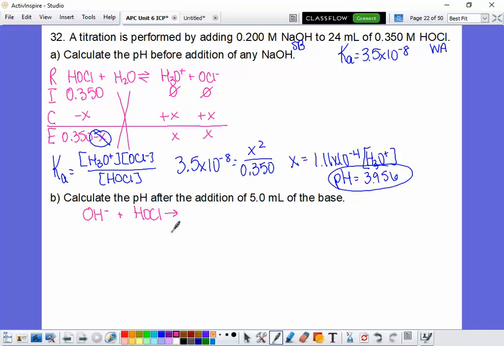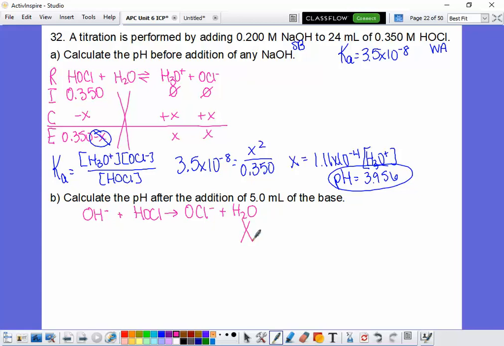Because remember, whenever you have a strong substance, strong acid or strong base, as a reactant, that drives the reaction to the right. It drives it to completion. There's no equilibrium associated with this equation. Okay? What are my products? Water and OCl minus. I like putting water on as the second product so then it's out of the way because you know we're going to cross it out anyway.